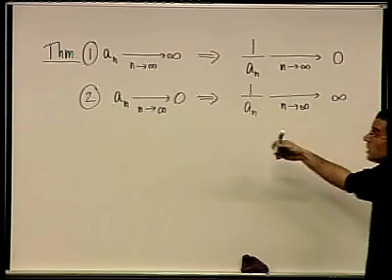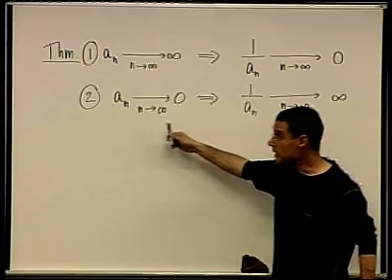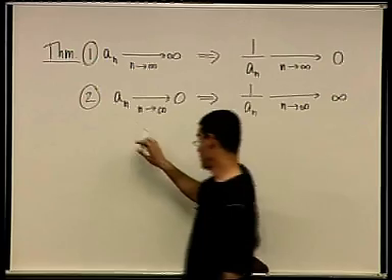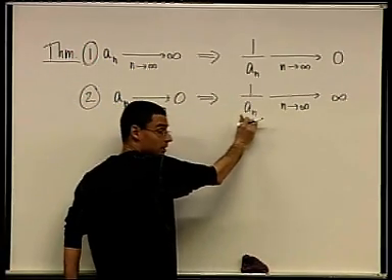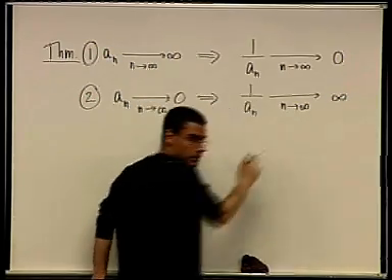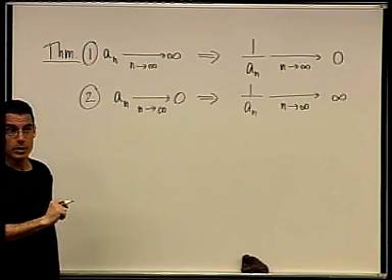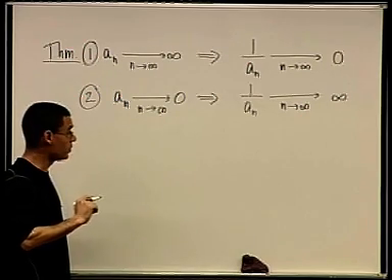Why? Because saying that a_n goes to 0, the a_n's can be some negative and some positive. For example, if all the a_n's are negative, then 1 over a_n is also going to be negative. It's going to get bigger and bigger in size, but the limit is going to be minus infinity. Do you see that? So just the way it's written, it's false. It's not a true statement.